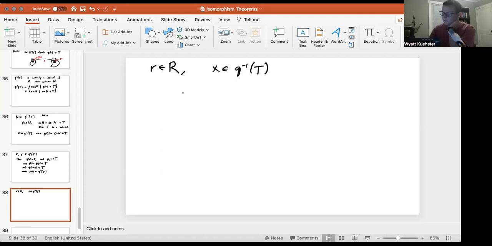Okay, sorry. So Q of x is in T, but T is a submodule.